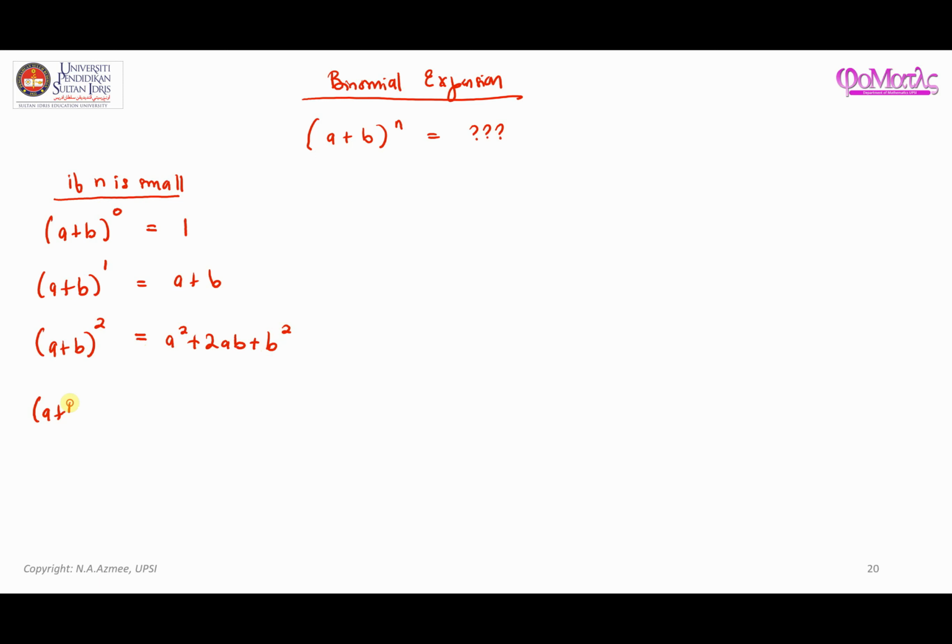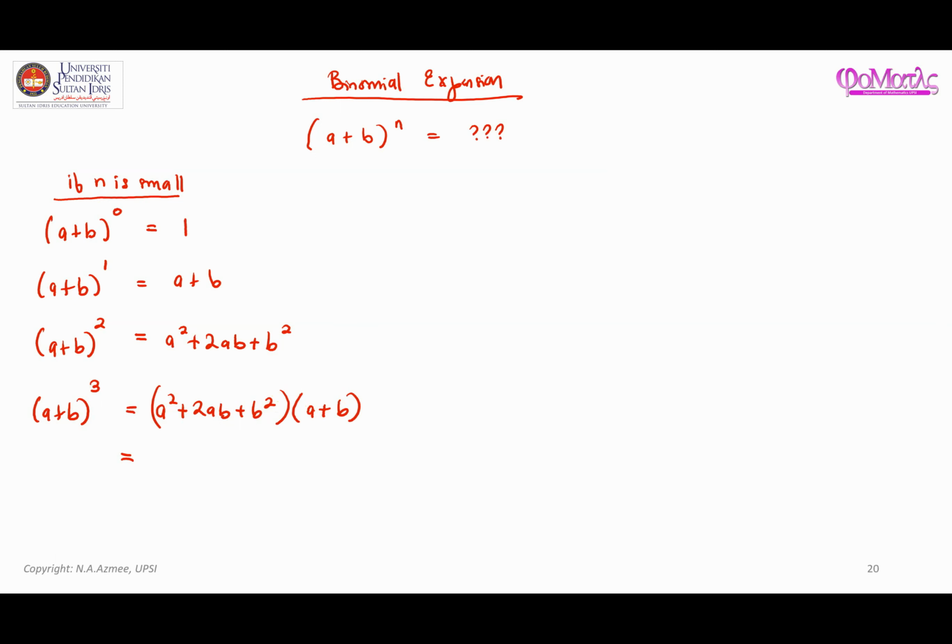Now, if you have a plus b where n is equal to 3, it's getting a bit tedious, but still doable. So this is equal to this guy here times a plus b, and you can do it by multiplying all the terms properly.